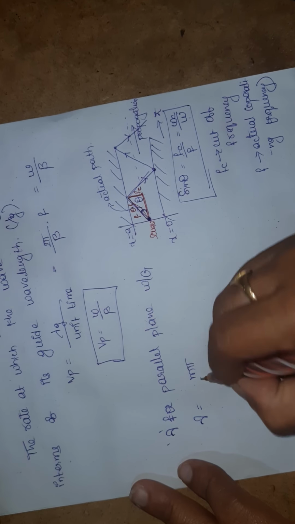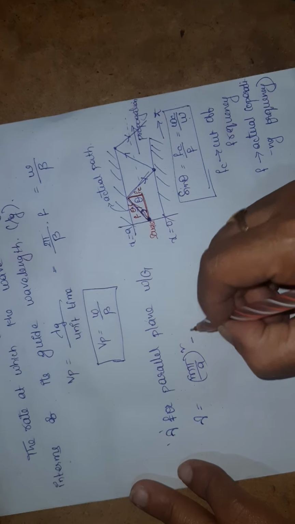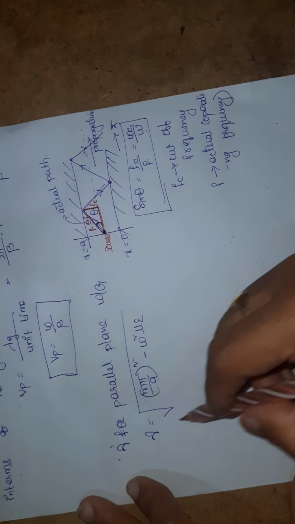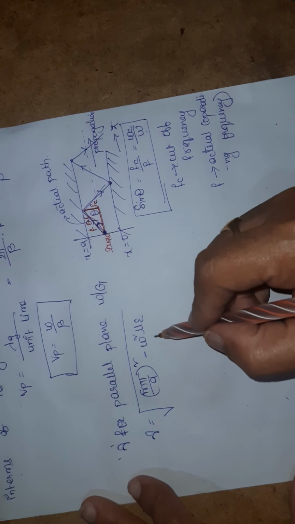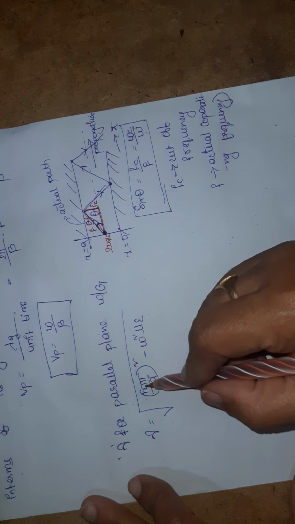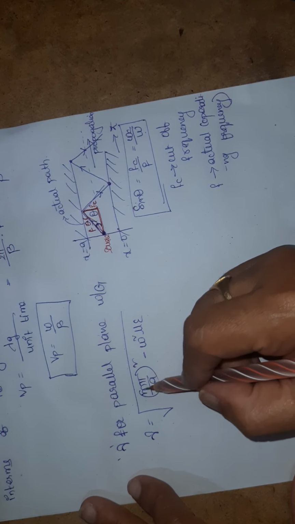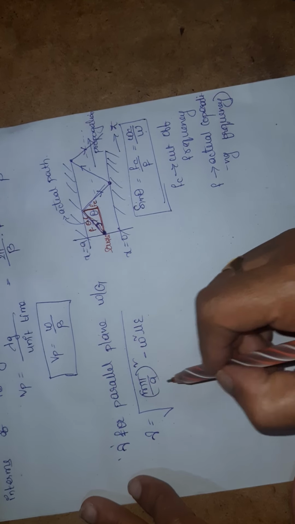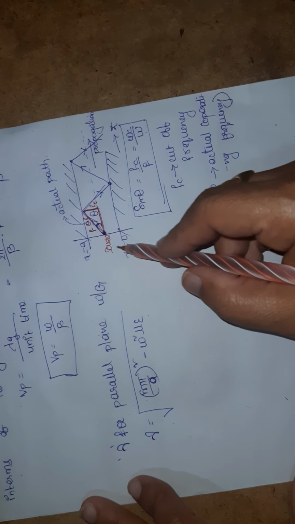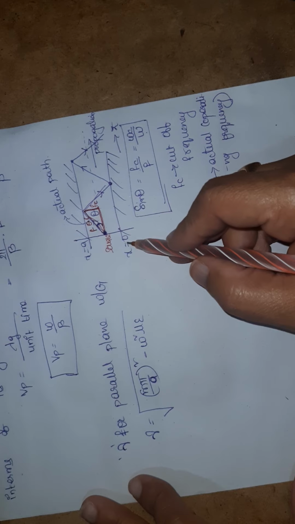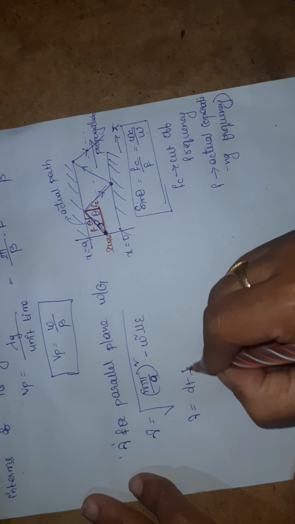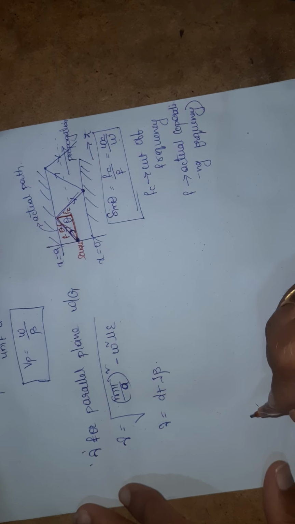In the last session we did the derivation, and this is the formula we got: gamma is equal to the square root of gamma x square minus omega square mu epsilon. Gamma x is m pi by a, where m is an integer and a is the distance between the two parallel plates. And we know that gamma is equal to alpha plus j beta.